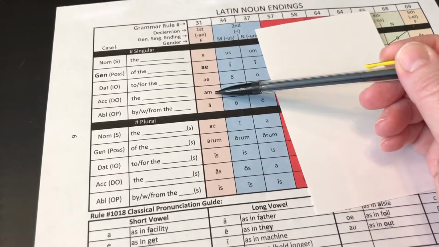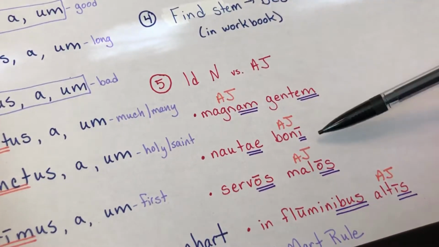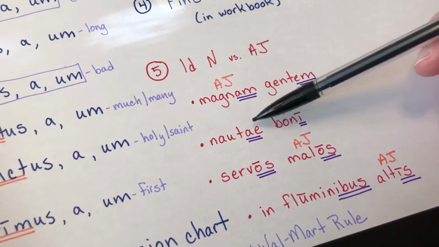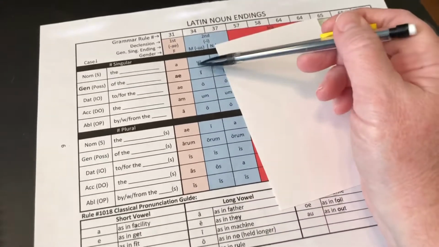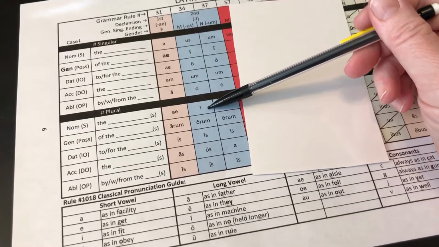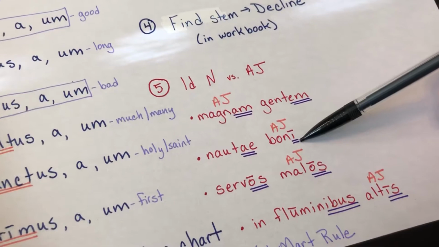That's the first declension. Okay. This one, our noun, is nominative plural. And this is masculine. So our masculine column is the us column. And we're going to go to nominative plural and use that ending. You see how they line up?